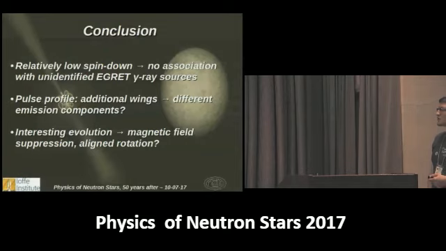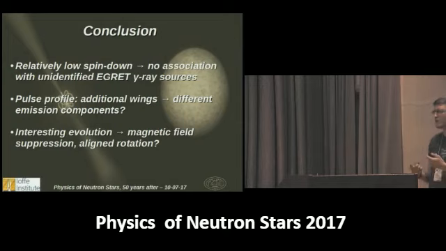We saw additional wings that result in an increase of the pulse duty cycle, which means the presence of additional beam components, and also the evidence that we have almost 90% coverage of the radio beam means that the magnetic axis can be nearly aligned with the rotational axis. And at the same time, if the companion mass is heavier and the orbit is at low inclination and face-on, then the orbital line can also be nearly aligned with the magnetic axis and rotational axis.